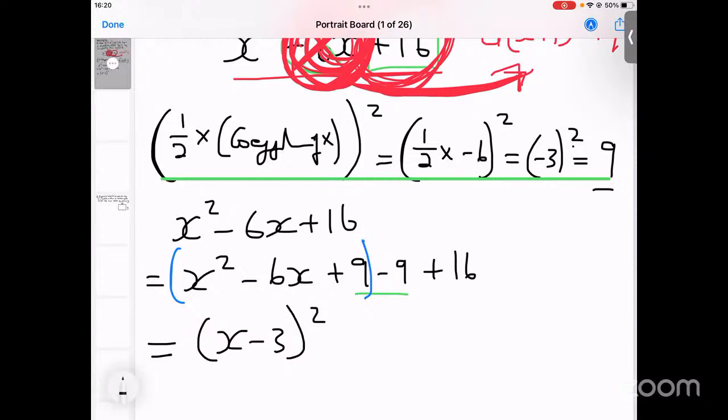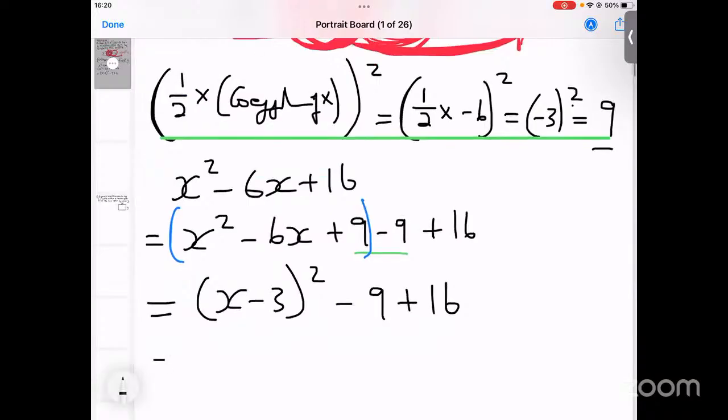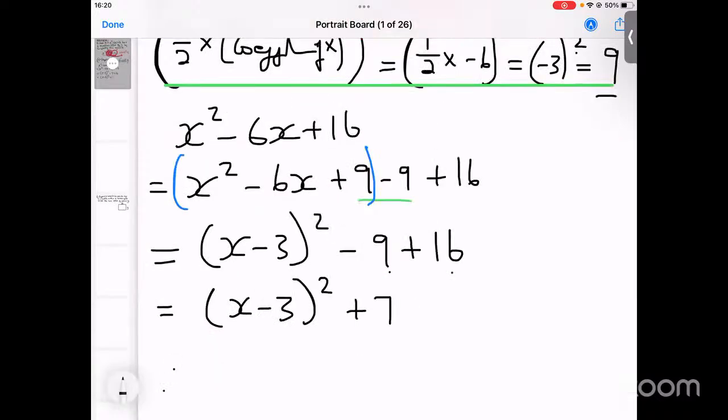And then you still have your -9 that you have to add to 16. Trust me when I say that -9 plus 16 is the one that gives you +7. Therefore, we've just shown that indeed the minimum value is 7.